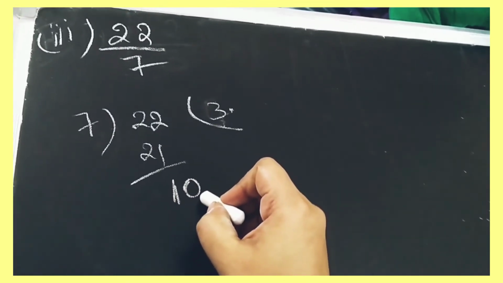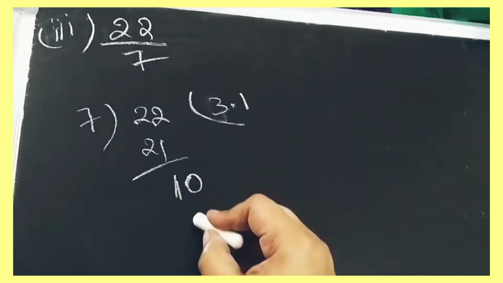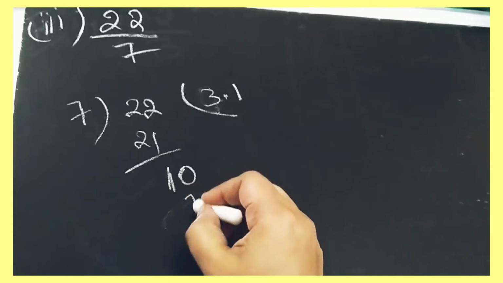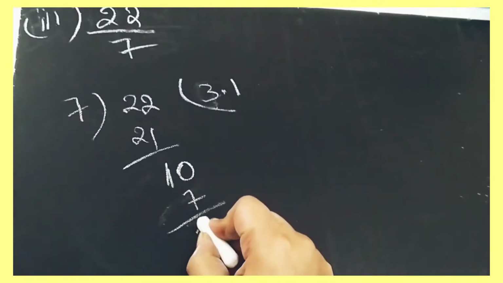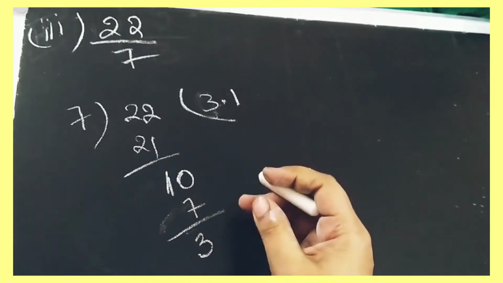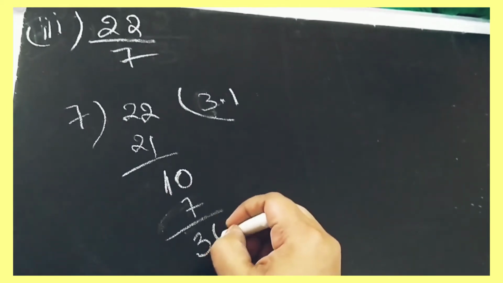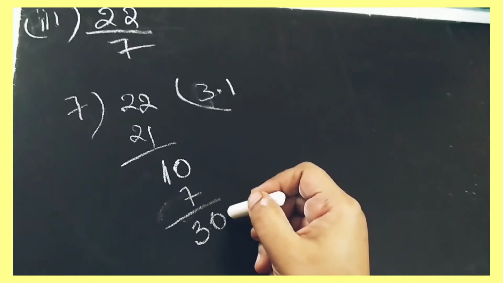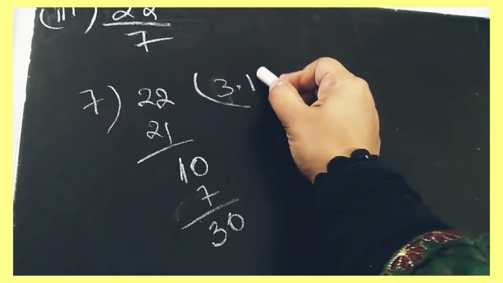So 7 ones are 7. We have to take 7 2s are 14. Now we can't take 14. So 7. So here 3. 10 minus 7 is 3 now. 7, 8, 9, 10. It is 3. Again we have to write here one more 0, and we have to make this 3 as 30. Then 7 4s are again 28.